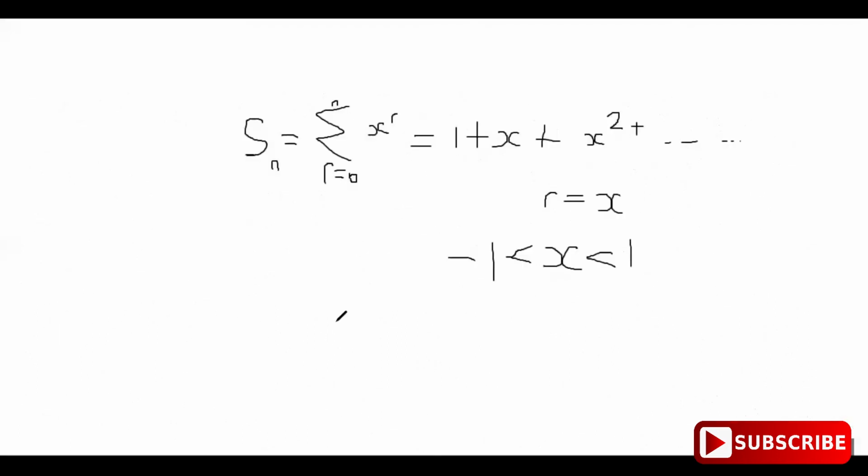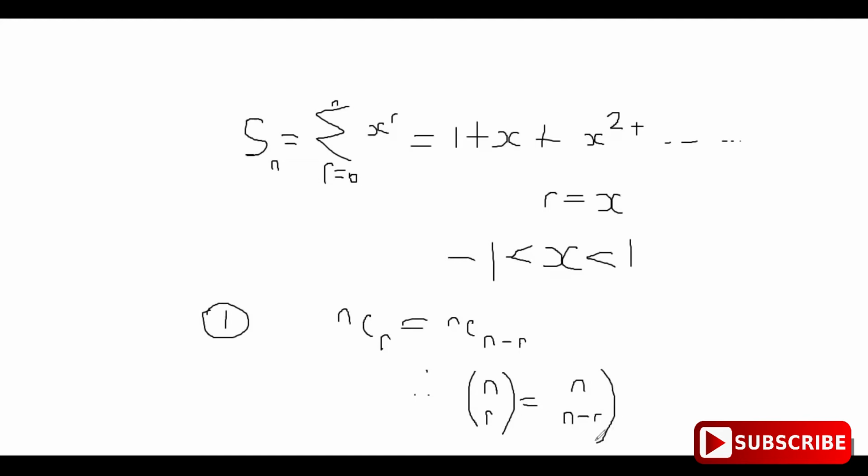Always remember this: N choose R is equal to N choose N minus R. And so when you write it in matrix notation, it is N over R equal to N over N minus R. So just remember this: N choose R is equal to N choose N minus R.